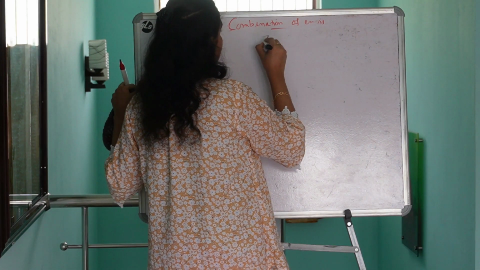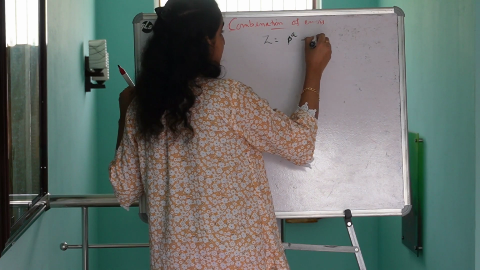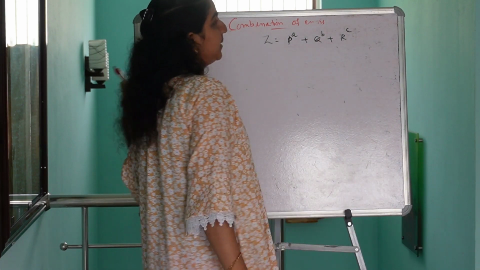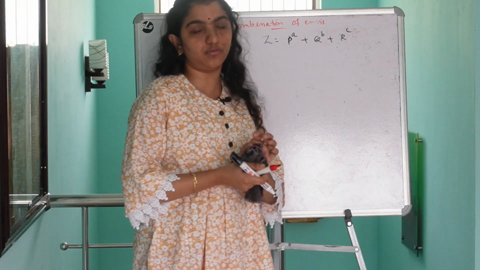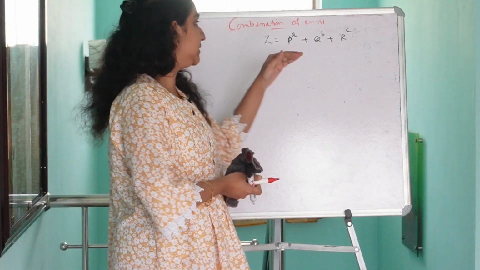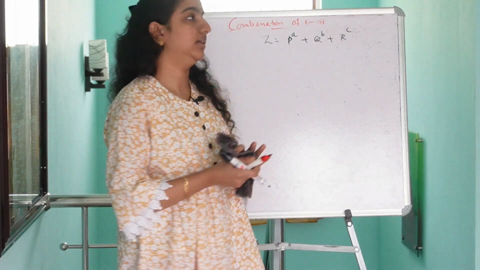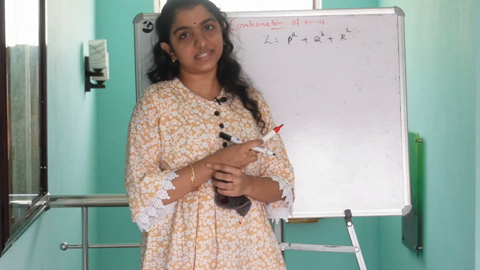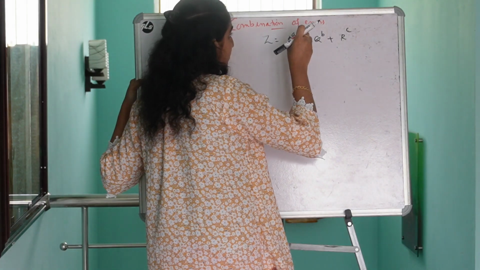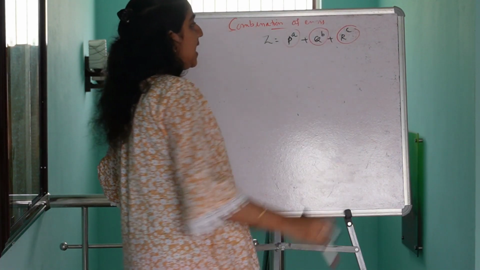It is given Z is equal to P power A plus Q power B plus R power C. In the previous two cases, the operations involved were power, multiplication and division, isn't it? In this case, the operations involved are power and addition. Just like the previous cases, here also I am considering these individual measurements.